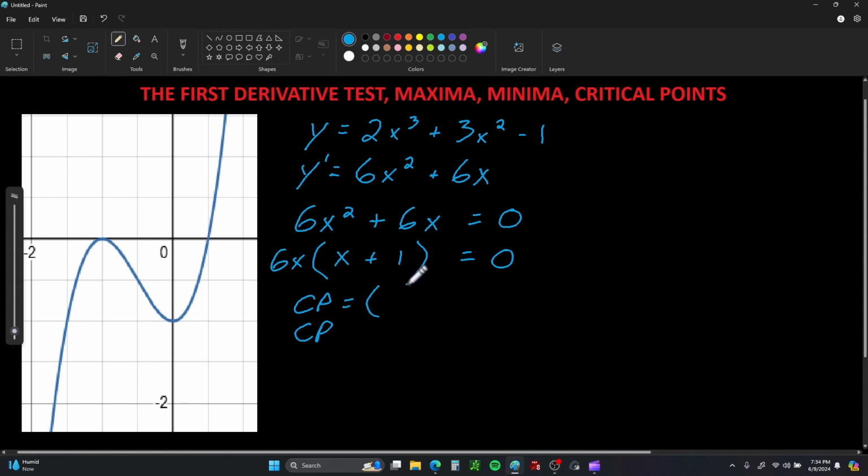When x is 0, I go back to the original equation, I put that in, x is 0, this is a 0, this is a 0, and leaves me with my y is -1. So I have 0 comma -1 is one critical point.